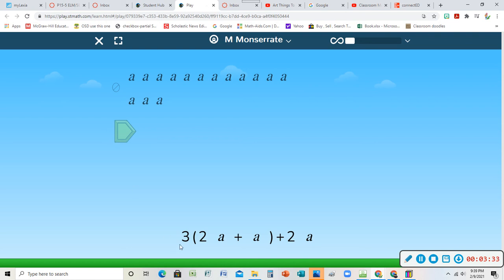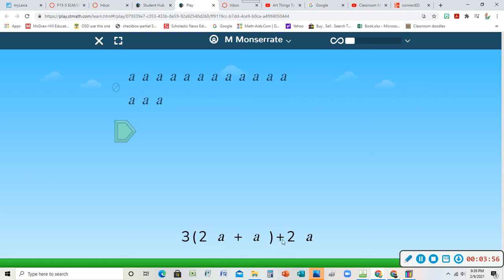All right. So here I have 3 times 2A plus another A plus another 2A. So I have to figure out how many are there. So right here I know there's 2A plus 1A would be 3A, right? And I also have another 2A here, but I have to do multiplying before I add.